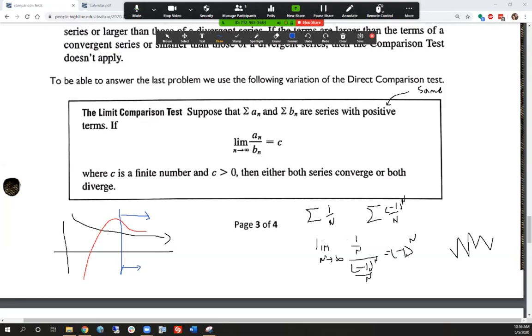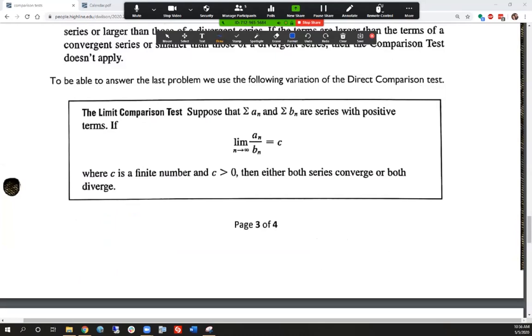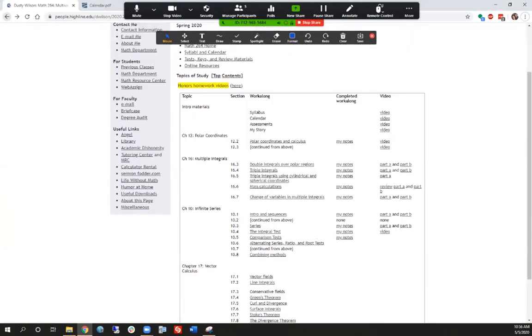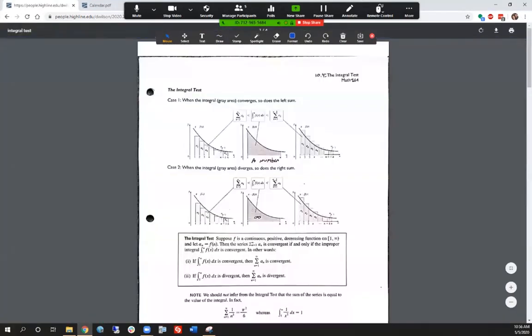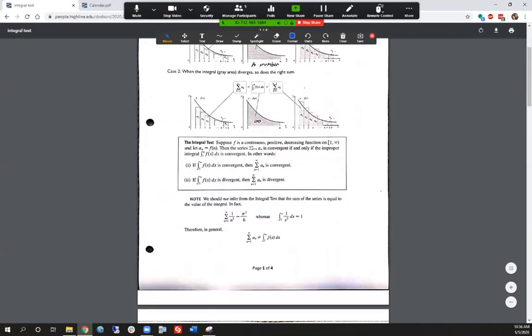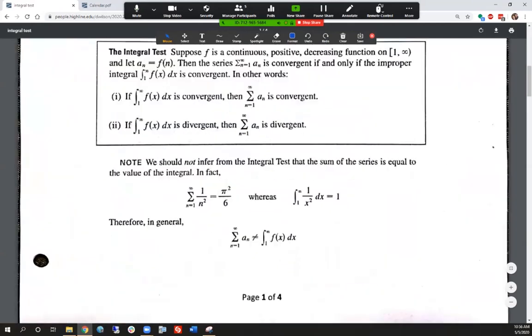Yes. And I have another question about the integral test. It said f is continuous, positive, and decreasing. Right here. So do we need to check that it's positive and decreasing?